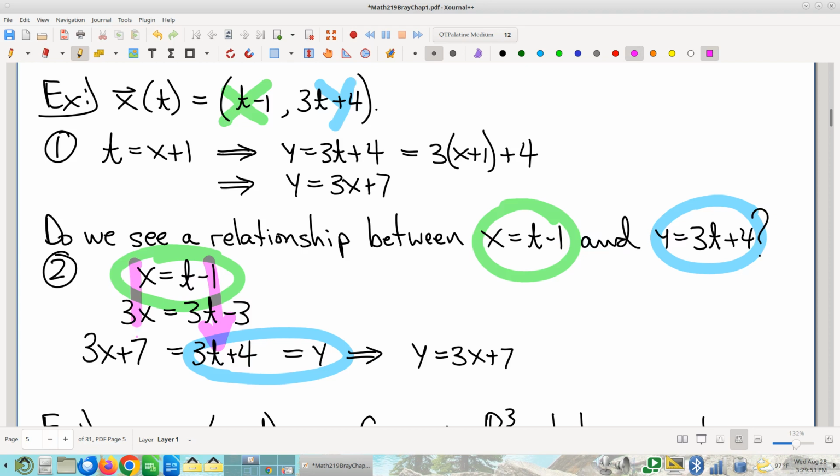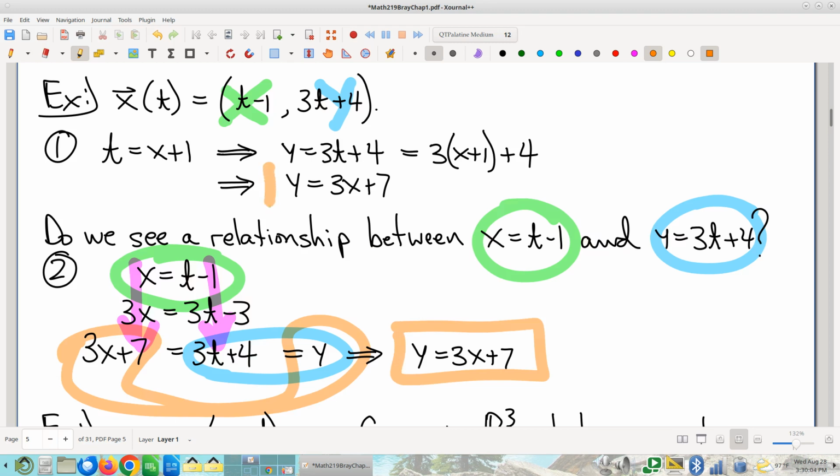If I do it to the left side, I got to do it to the right side. And having done that, check it out. I again get this same resulting equation. So that's a different way to get to the same result, capitalizing on a different aspect of this particular example.